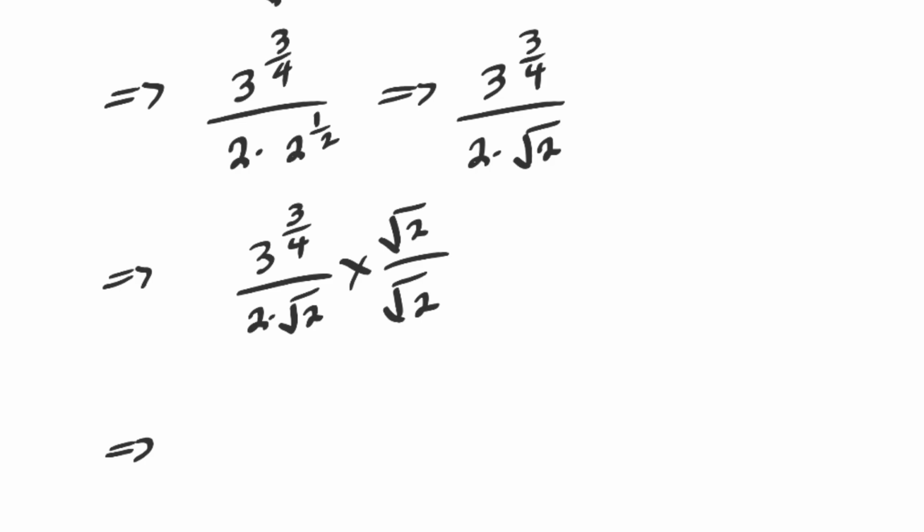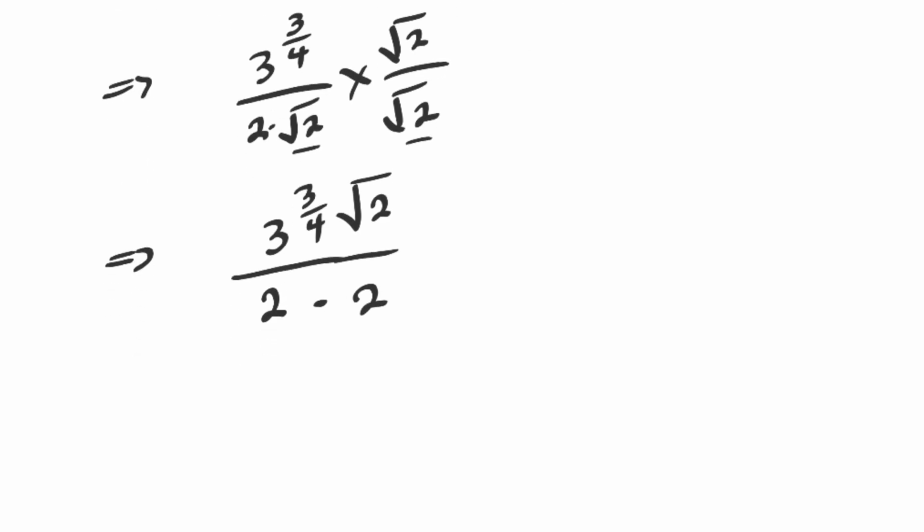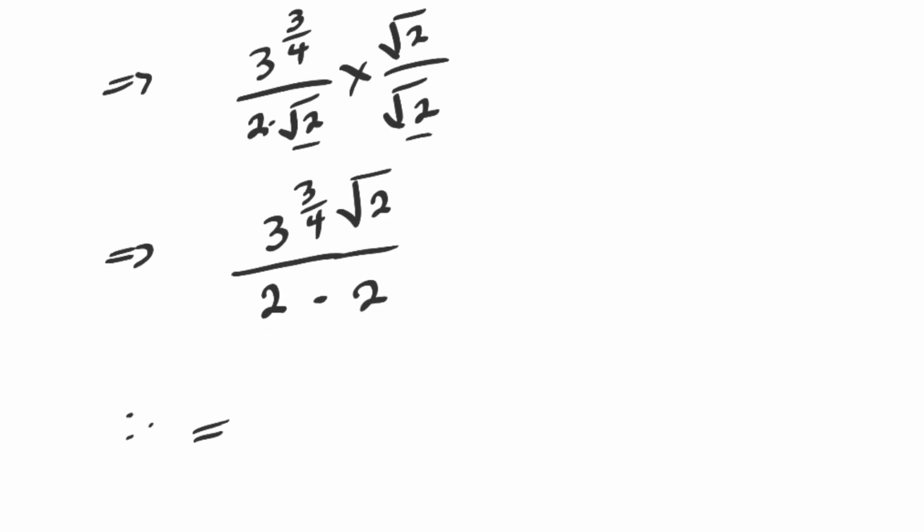This is 3 raised to the power 3/4 over 2. Then if you multiply this by this, we have root 2 here. And if you multiply root 2 by root 2, this is 2. Therefore, our final answer is 3 raised to the power 3/4 times root 2, over 2 multiplied by 2.